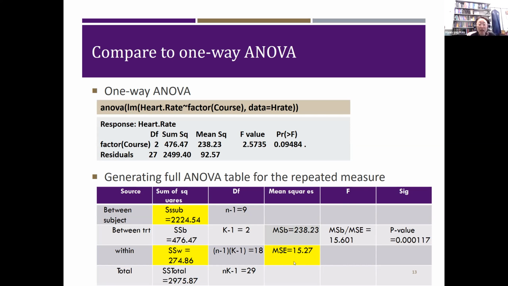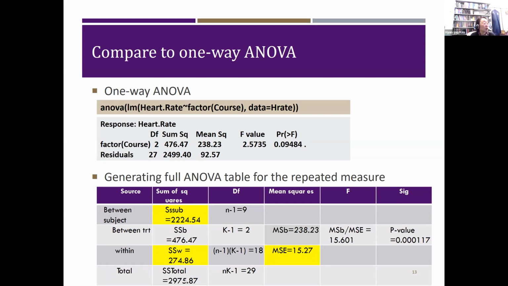From here, we calculate SSW. We know this is 18 degrees of freedom and the MSE is 15.27. The calculation is SSW over degrees of freedom is MSE, so the opposite way, we multiply these two numbers, degrees of freedom and MSE, and we come up with 274.86.